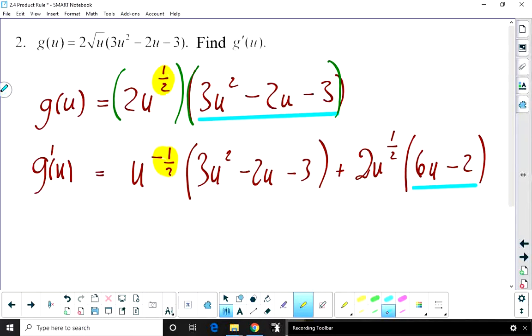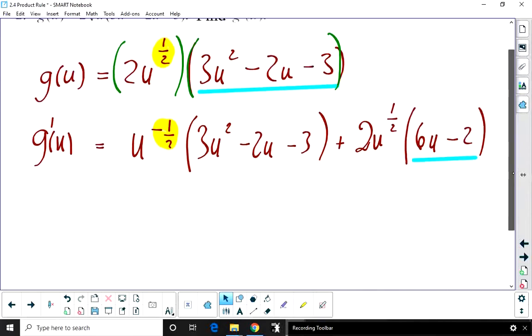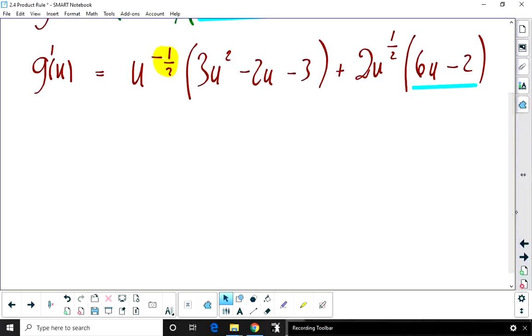This is really frustrating for me and probably for you, because now you got to multiply this all out anyway. So, it would have been so much easier had we just multiplied it out to begin with once and then got the answer. But we're doing this so we can learn about the product rule. When I multiply this out, I'm adding exponents.